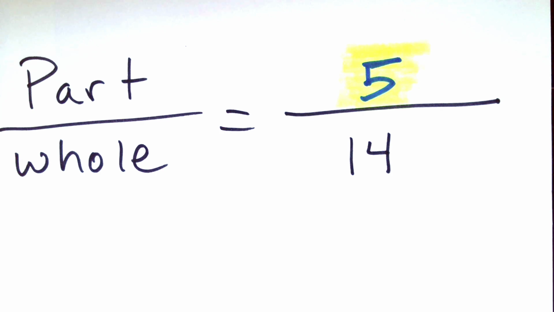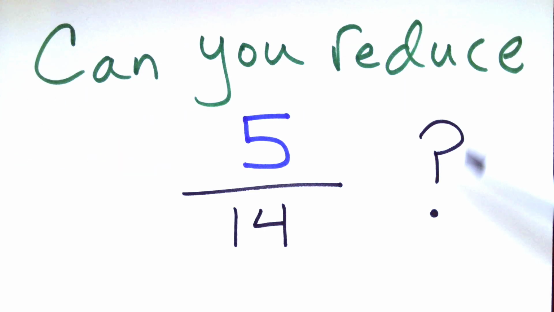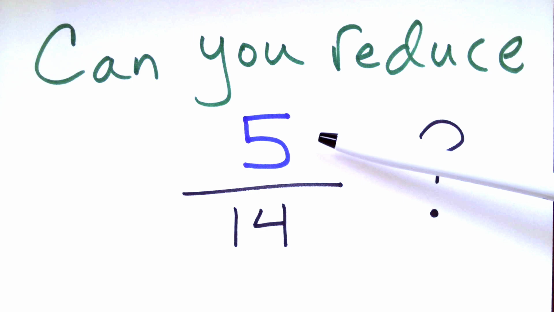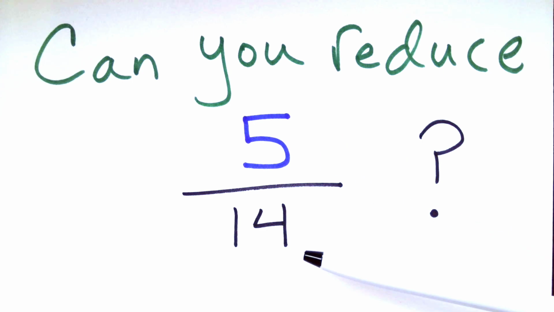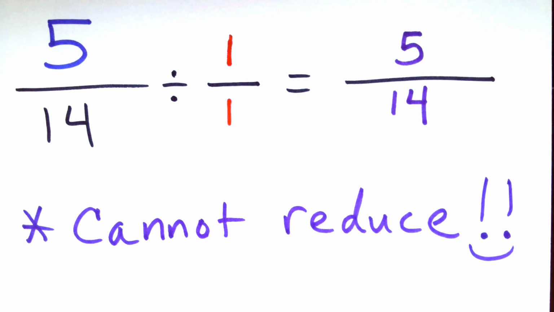Let me ask you again. Can I reduce this fraction? I've got an odd number on top, which is 5. I have an even number on the bottom part of the fraction, which is 14. Is there a number other than 1 that can be divided evenly into the top and bottom? No, you cannot reduce this fraction, right?